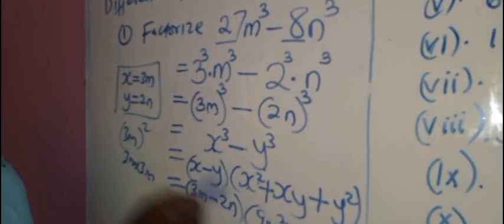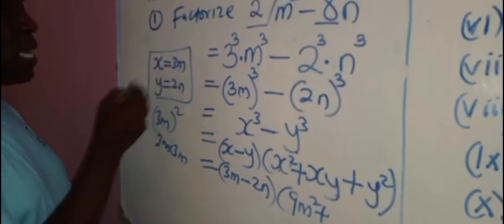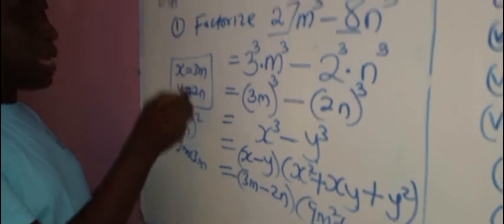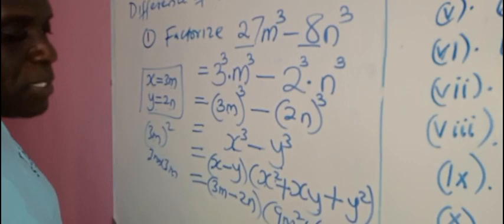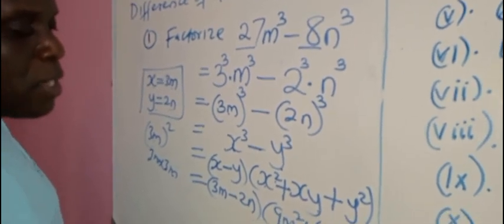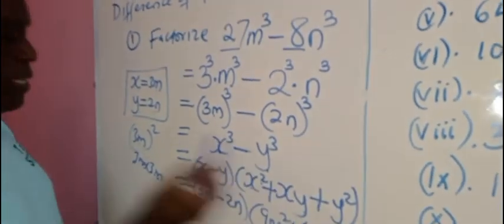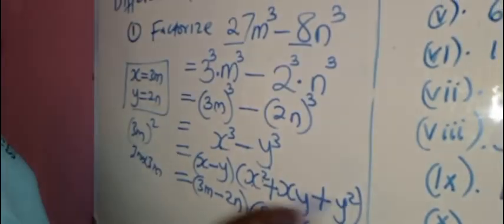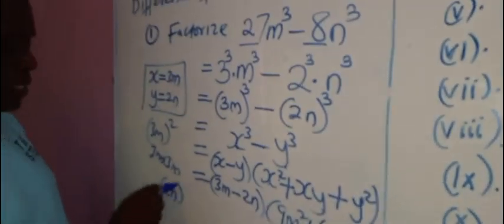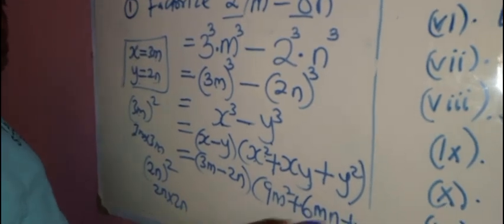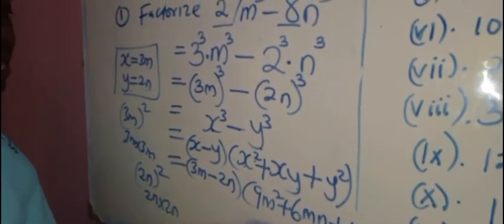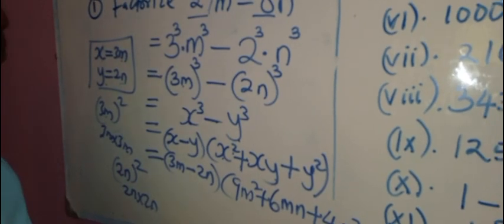That will be 9m squared plus xy. x is 3m, y is 2n. 3m times 2n. 3 times 2 is 6. m times n, mn. So that will be 6mn plus y is 2n. Then you square it. That will be 2n squared, meaning 2n times 2n. Do you understand that? So that will give us 2 times 2, 4. n times n is n squared. That is the answer.